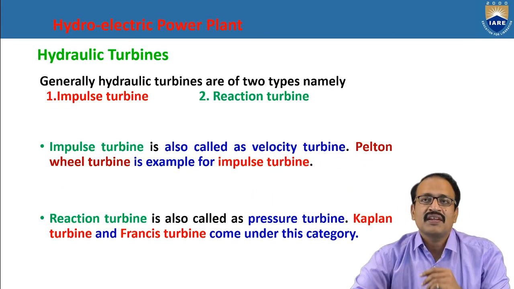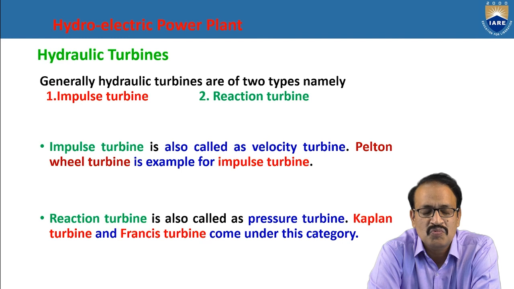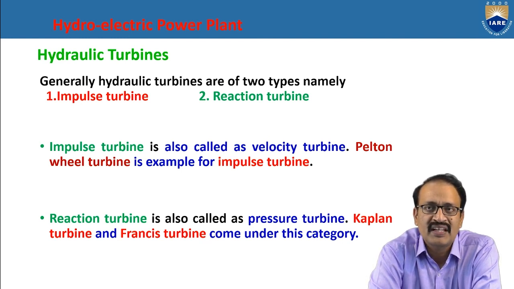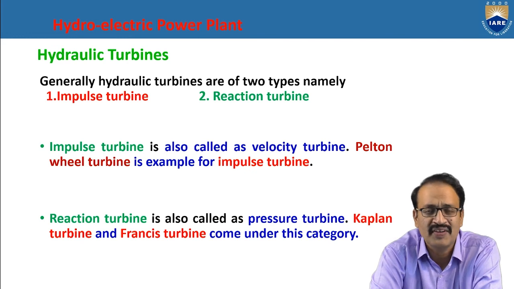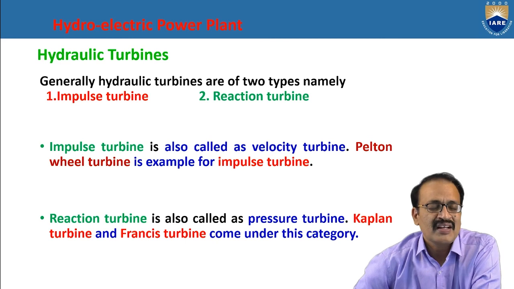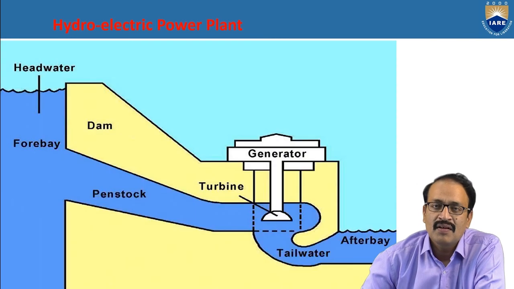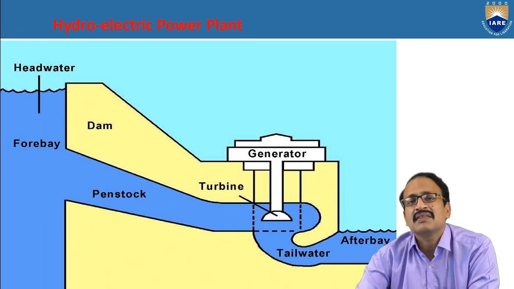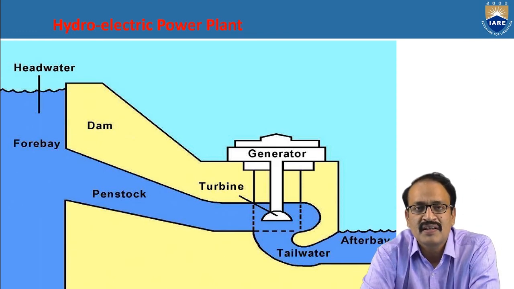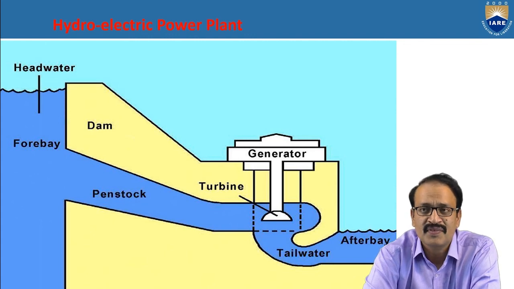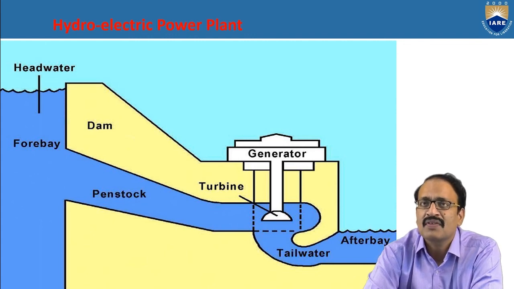In these turbines, there are majorly two types, that is impulse turbine and reaction turbine. The example for the impulse turbine is the Pelton wheel, and for the reaction turbine, the Kaplan turbine and Francis turbine. The turbine will be having a tail race and afterbay.